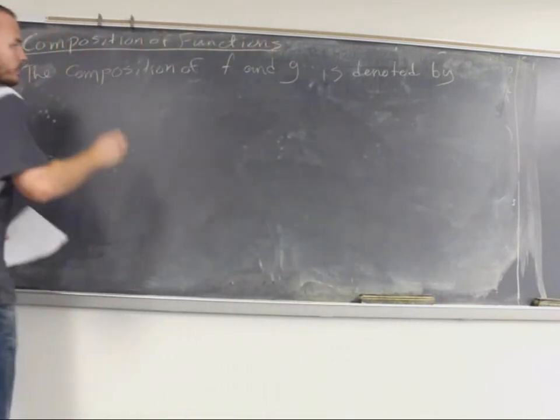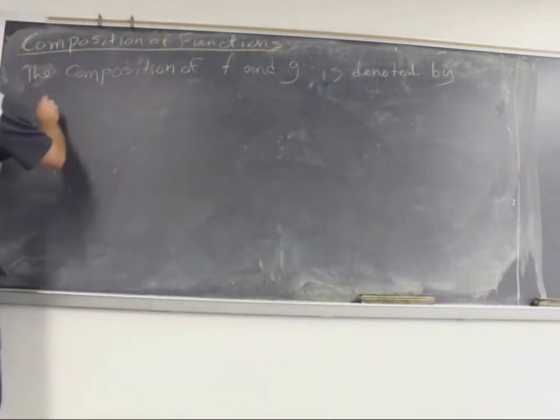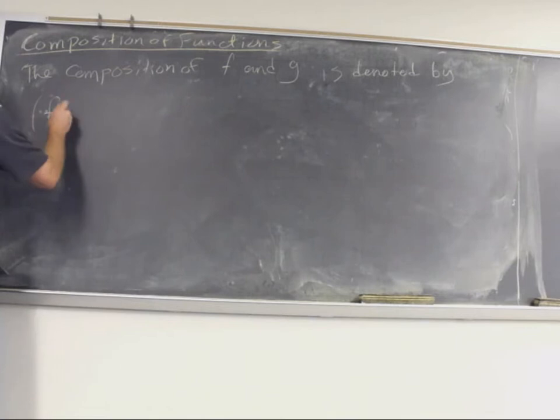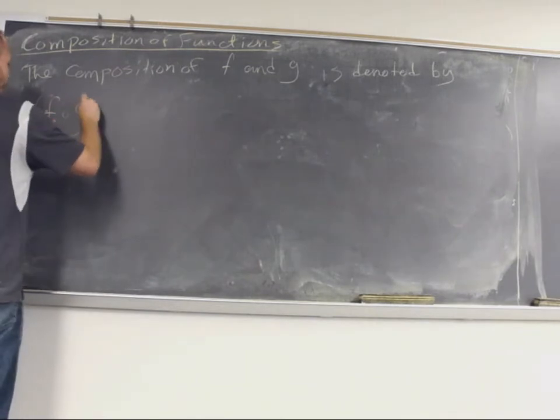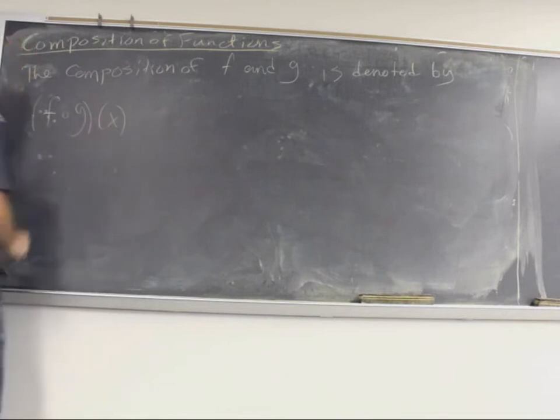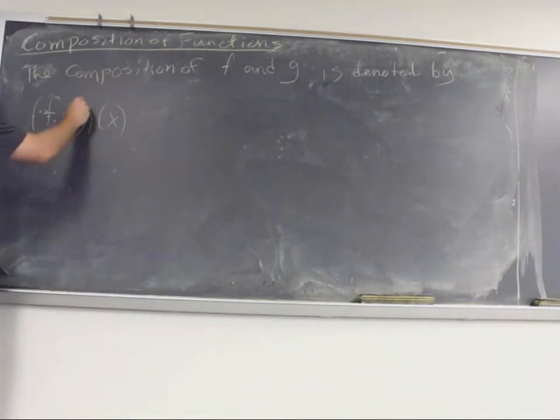All right, so it's denoted by f, and this is kind of weird, so watch me, of g of x. It looks like the word "fog." This is just a little open circle, so it's not an actual O, but it kind of looks like fog. f of g of x is how you say that.